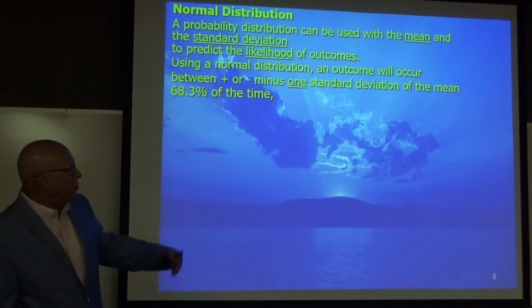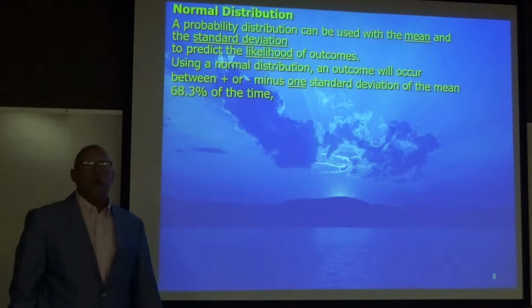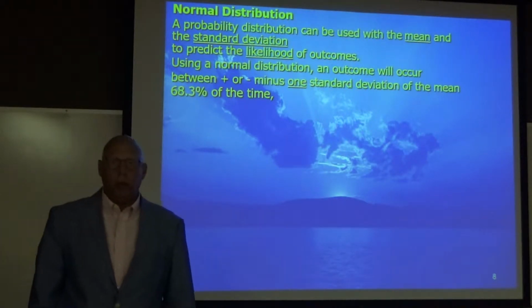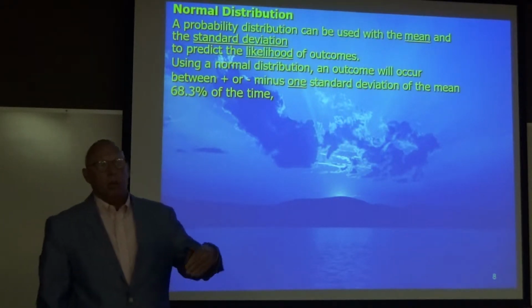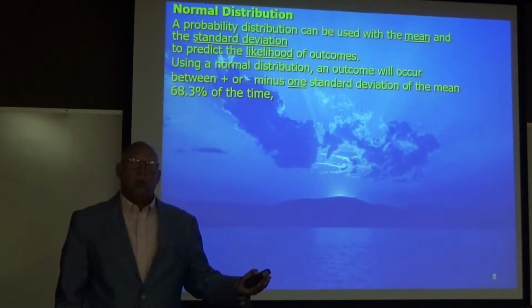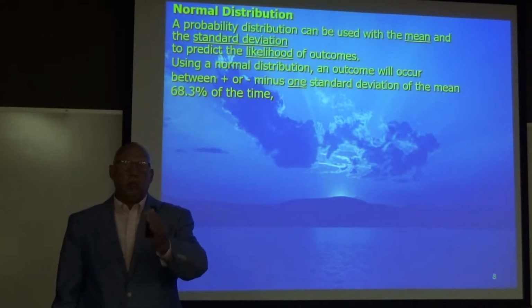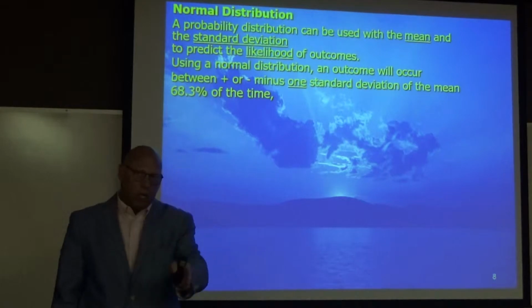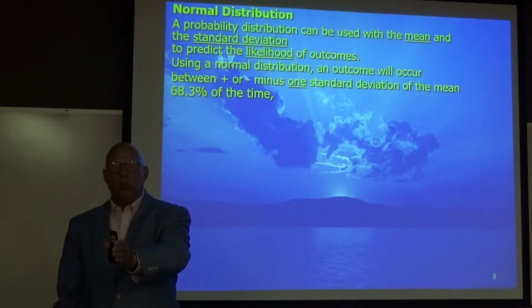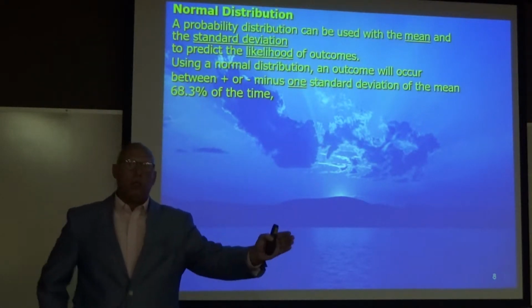There are three statistics relating to a normal distribution that I want you to remember, and the first is that an outcome will occur plus or minus a mean. So you have your mean, and then you have plus one standard deviation, minus one standard deviation.